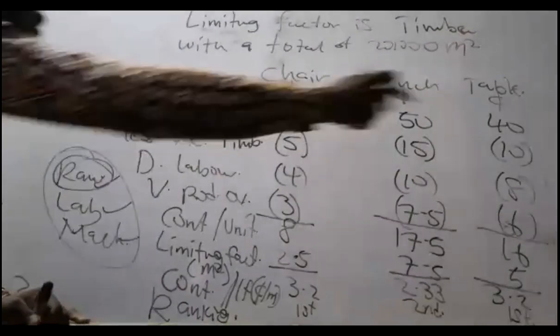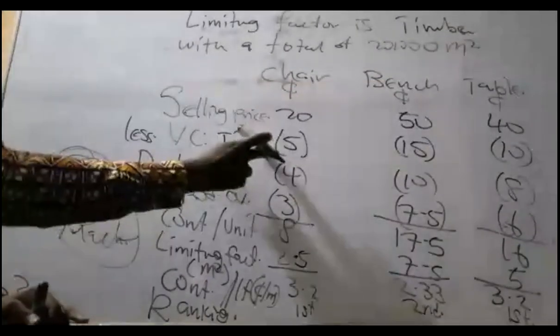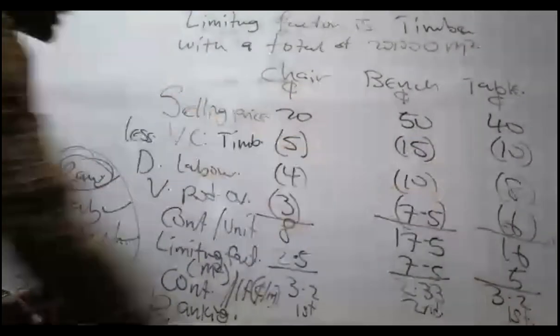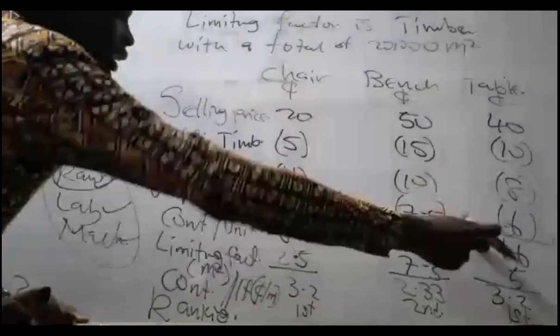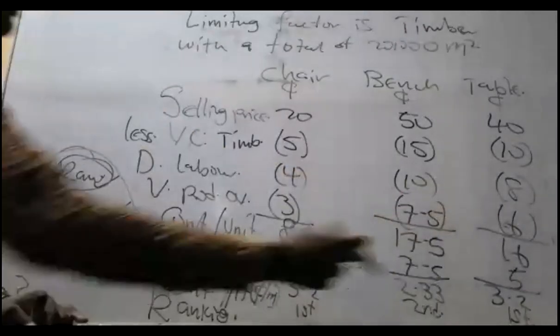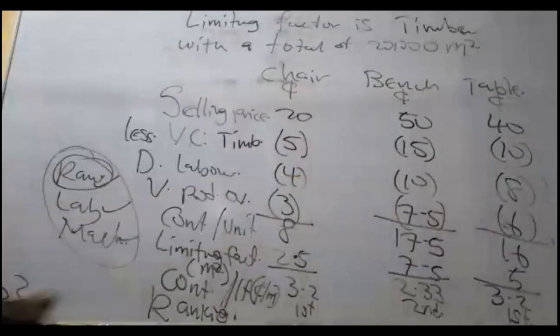Here is 20, here 2 is 40. Here is 5, here 2 is 10. Here is 4, here 2 is 8. Here is 3, here 2 is 6. Here is 8, here 2 is 16. Here is 2.5, here 2 is 5. So they'll give the same answer. So that's the ranking. We are done.